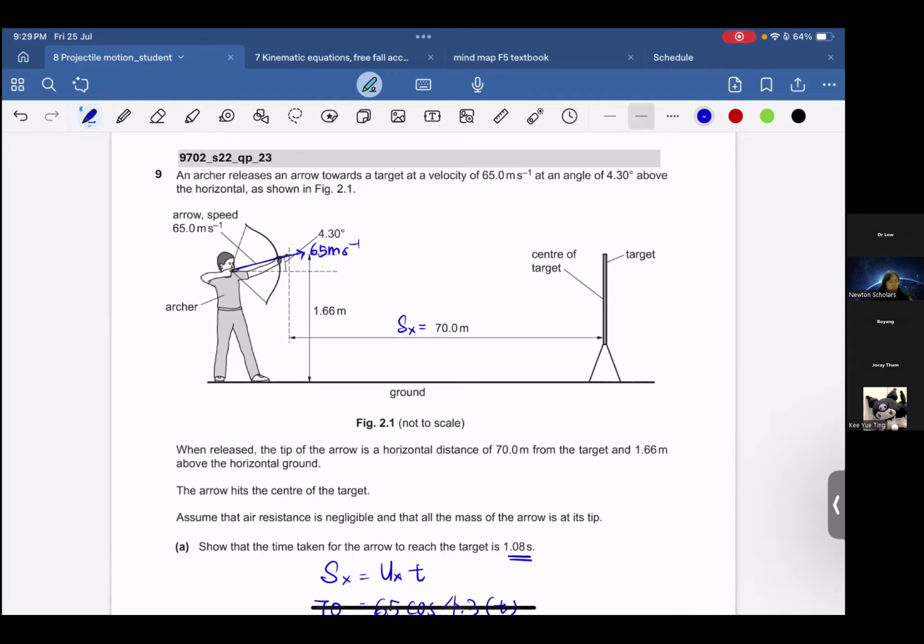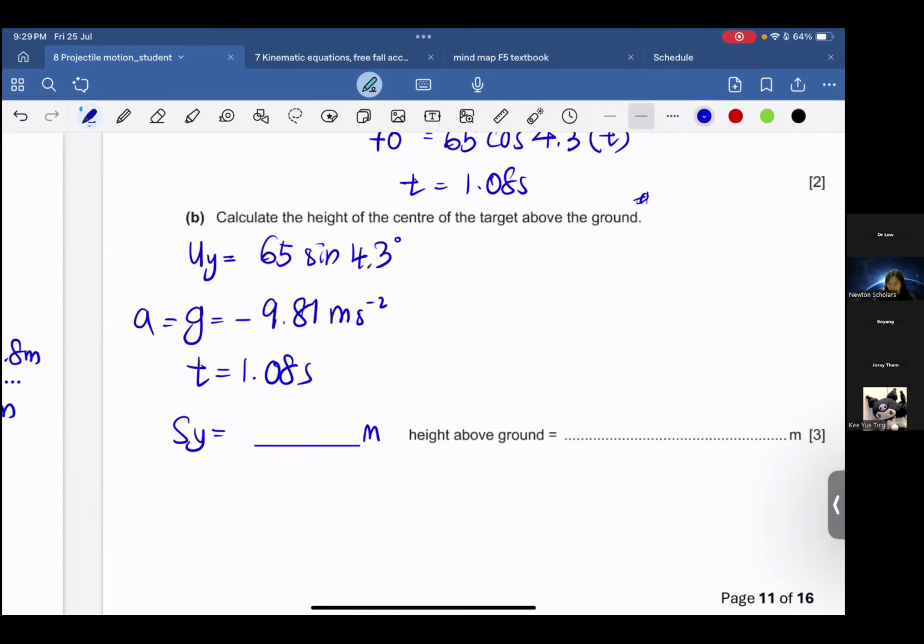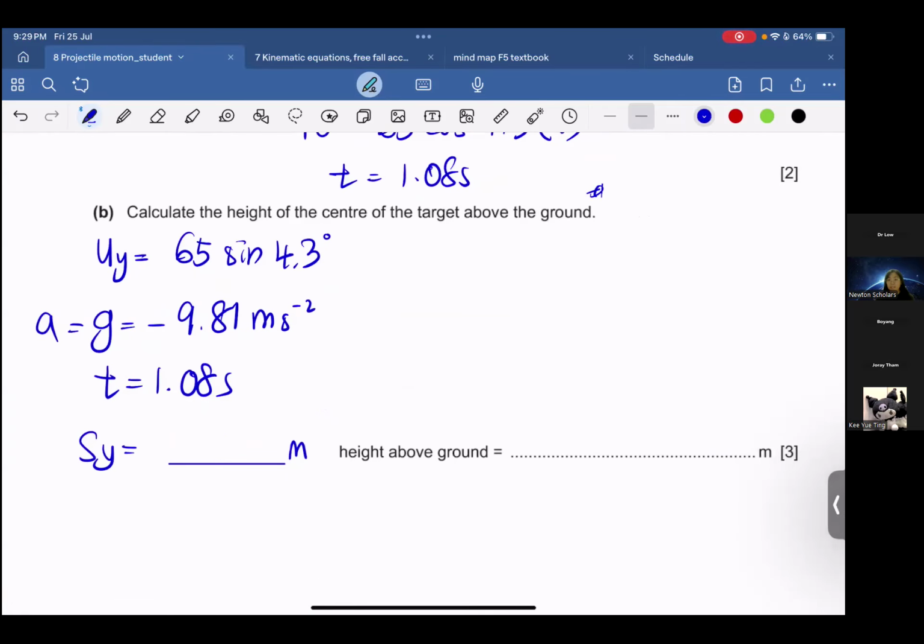74.1? No. How you get your SY? So this is the information that I can give you. Rashini, you check. UY, A is negative, so U, A, T, S, what formula can we use? You can try using S equals UT plus 1 over 2AT squared, because it fulfills whatever information we have.